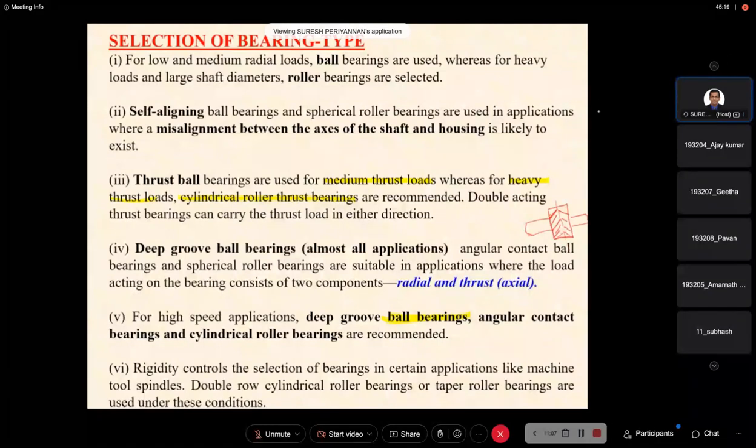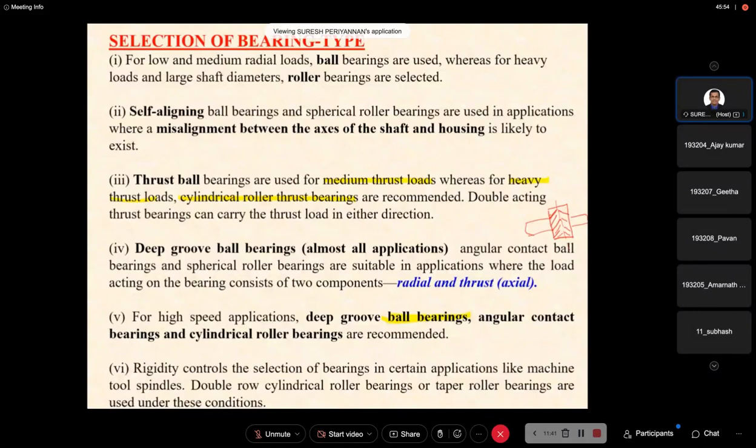Surface contact, as in the journal bearing we discussed, generates more heat. Ball bearing heat generation is less than roller bearing, and roller bearing heat generation is less than journal bearing. So the temperature rise can be avoided, hence more speed can be obtained using deep groove ball bearings and angular contact bearings.